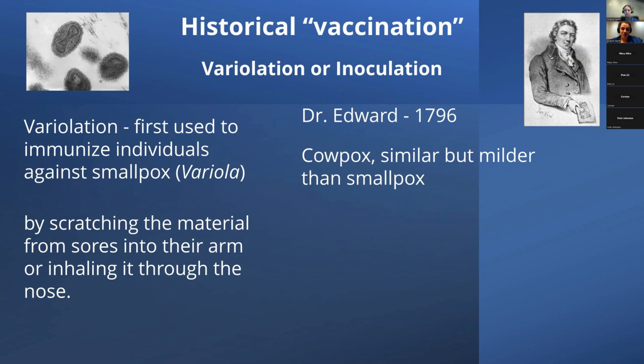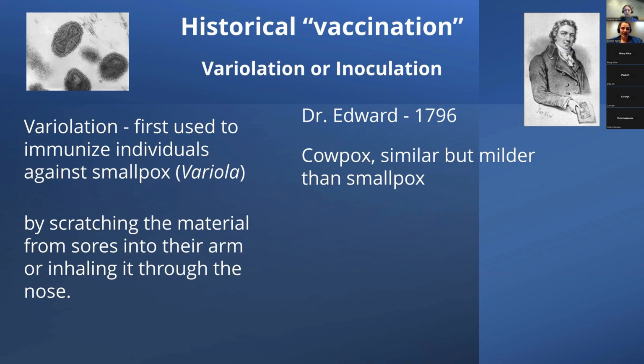What was really interesting is that smallpox was very dangerous, but when people were infected with cowpox, it was less dangerous, and they were immune to smallpox, which is very interesting.